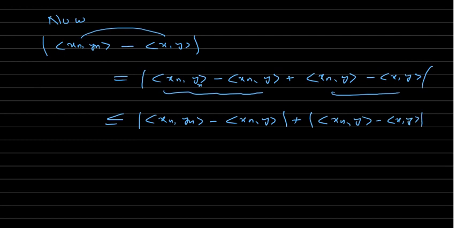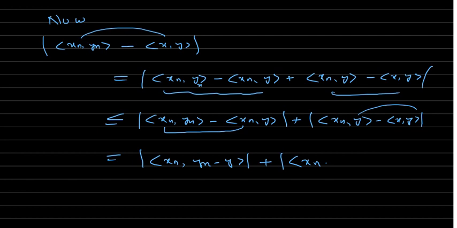Now this is equal to, so these two are same here, x and xn, so it's inner product of xn with yn minus y plus mod of inner product. This y and y is again same here, it's xn minus x and the inner product of xn minus x with y. Okay, this one.